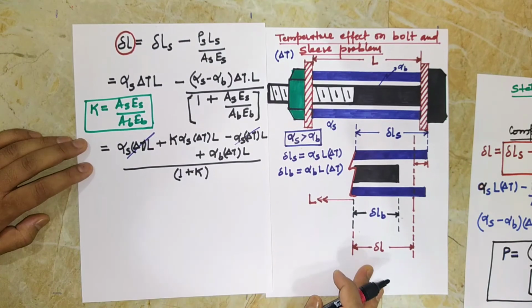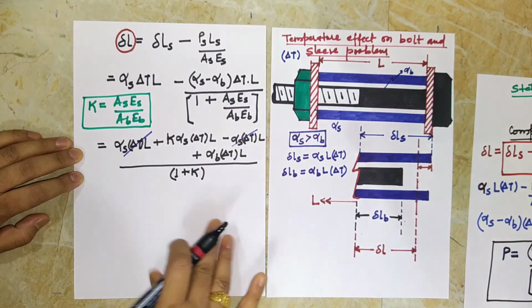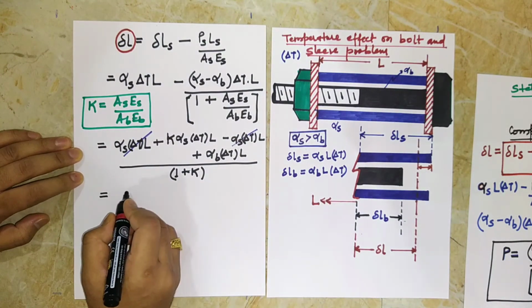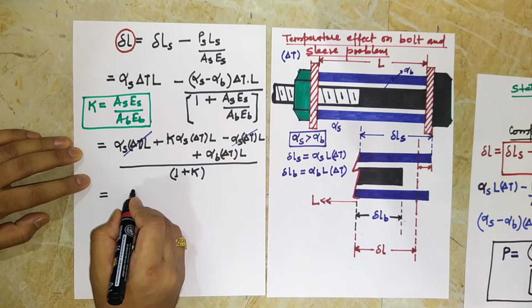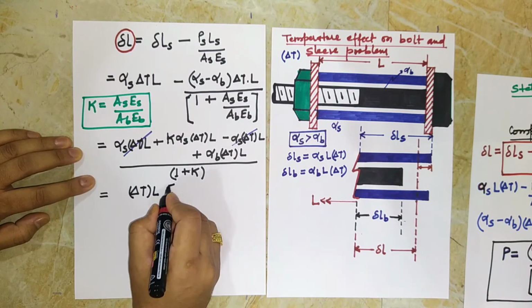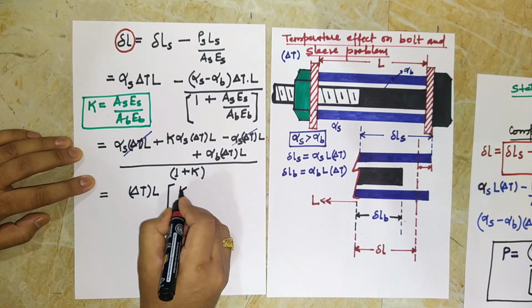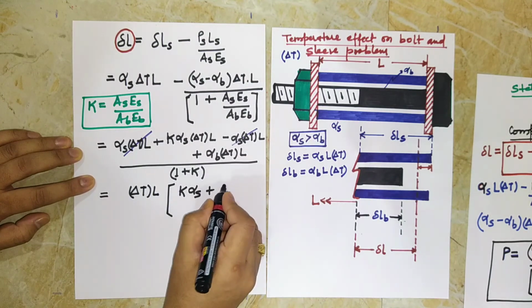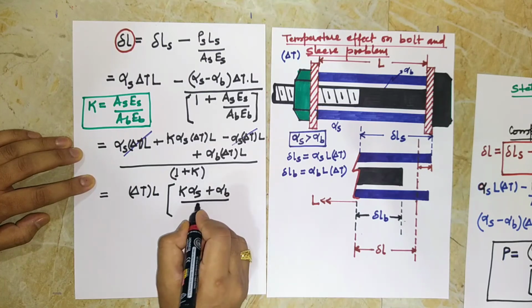I hope it is visible. Yeah. So we can write this as del T into L into K alpha S plus alpha B divided by 1 plus K.